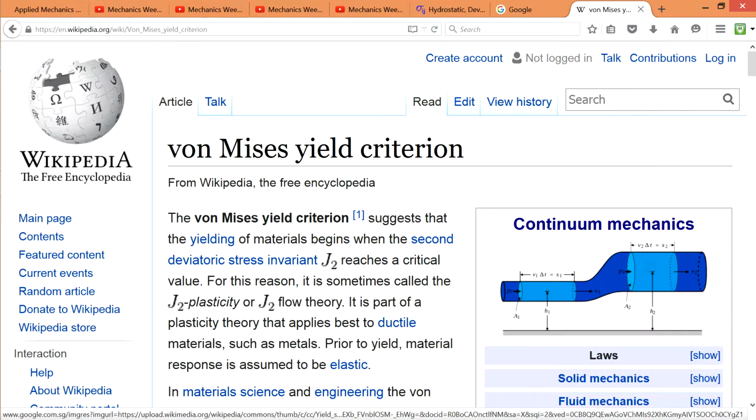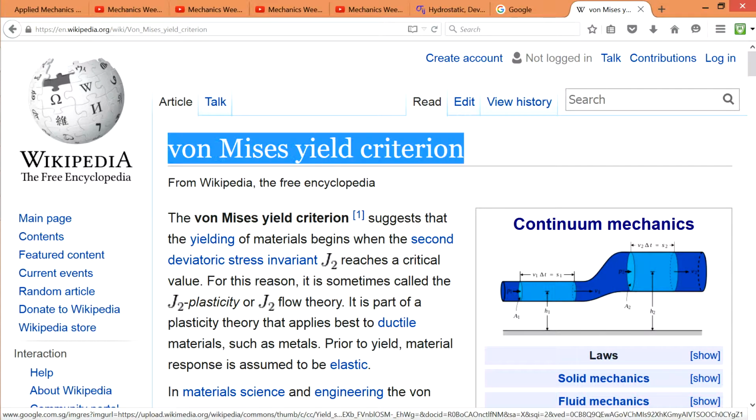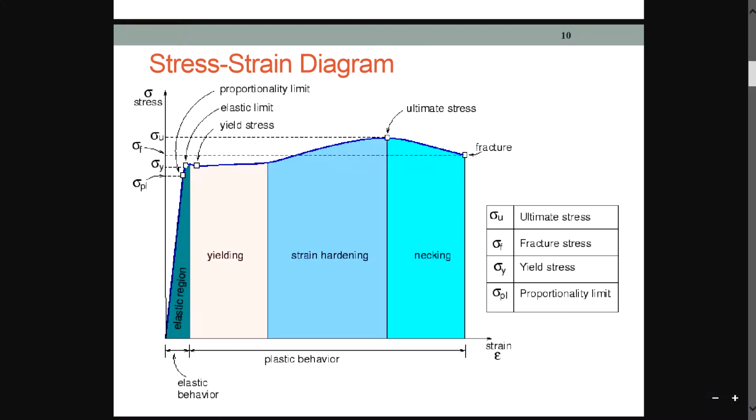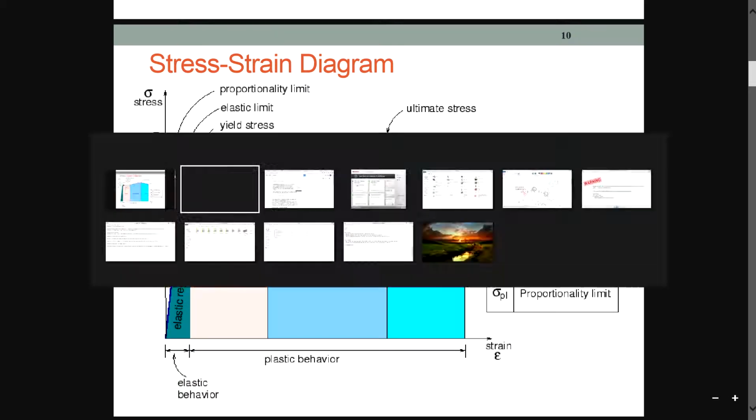It's related to the von Mises criterion, which talks about yield stress. The yield stress is somewhere here, where it will actually deform plastically, meaning it will deform permanently.